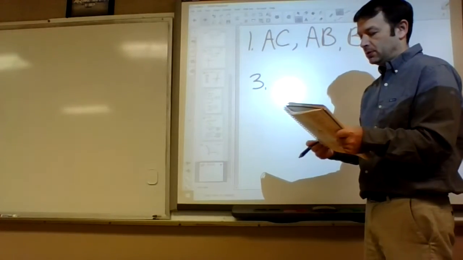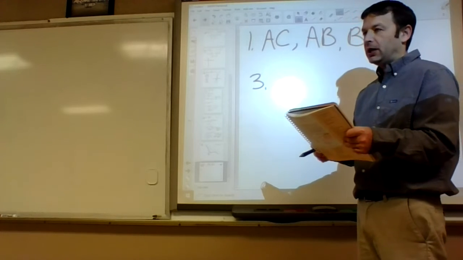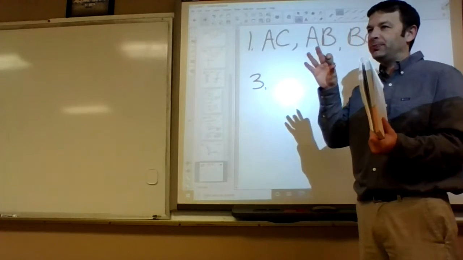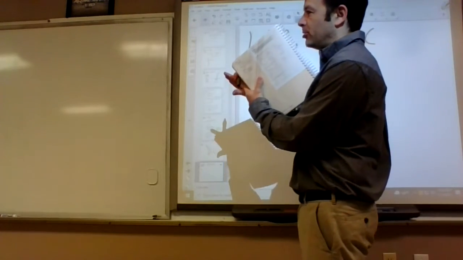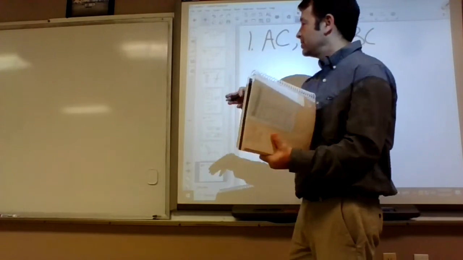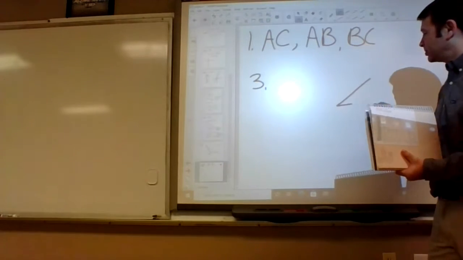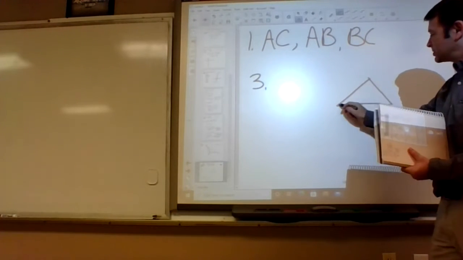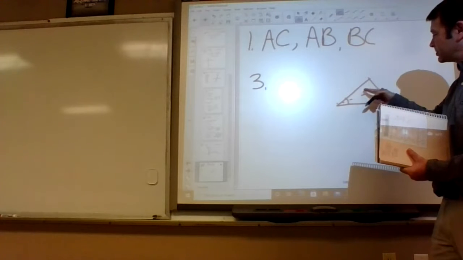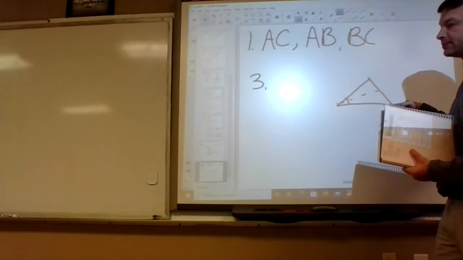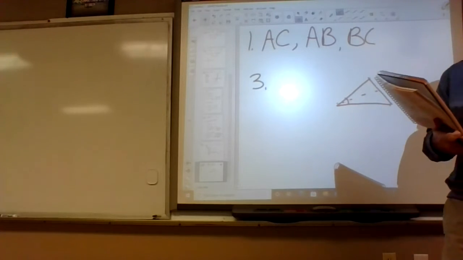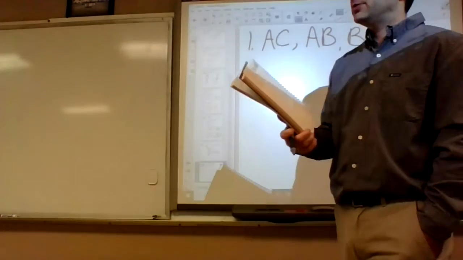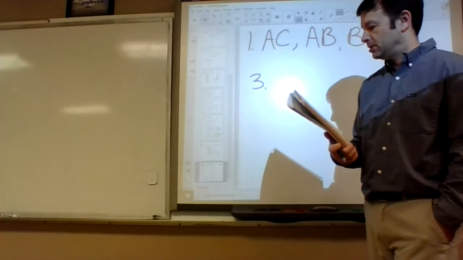No. Okay, the small opening opens up to the small side. So the angle that is the smallest is going to have the opposite side that's the smallest. This small angle makes the small side over here. So the smallest angle on 3 is 42 degrees. So what's the smallest side on number 3? QP.